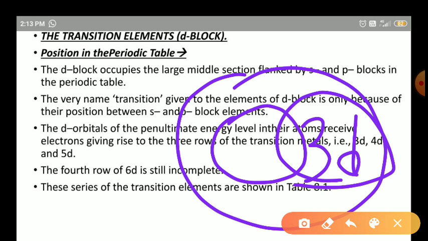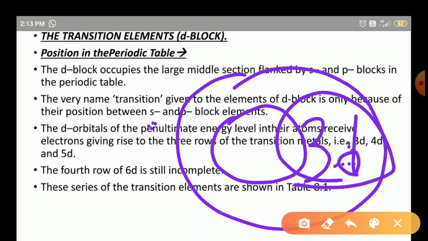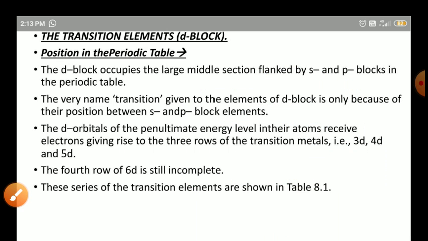So for the d block elements only, we are giving this name, penultimate shell. Not for the s and p block elements like carbon and nitrogen. We give it only for the d orbitals of d block elements. The inner orbitals of the valence we call the penultimate shell.